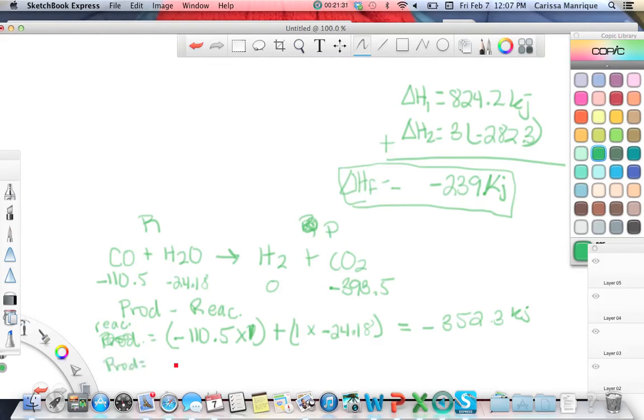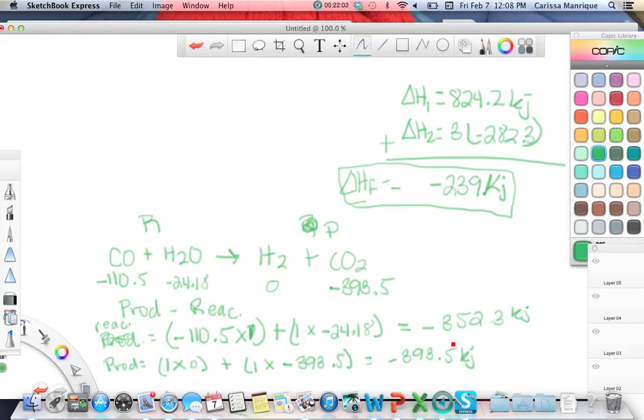Okay, 1 hydrogen molecule, but that takes 0 energy, plus there's 1 CO2, and that is negative 393.5 kilojoules of energy. So now let's add this together, and we get negative 393.5 kilojoules. Okay, so the energy it takes to form our products is negative 393.5.